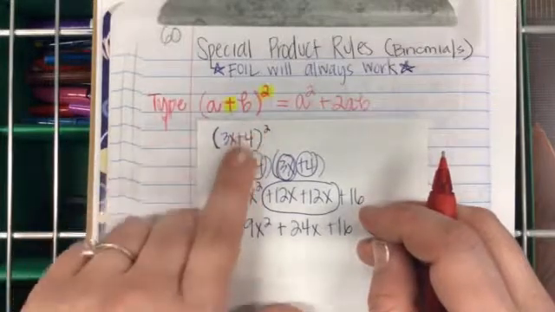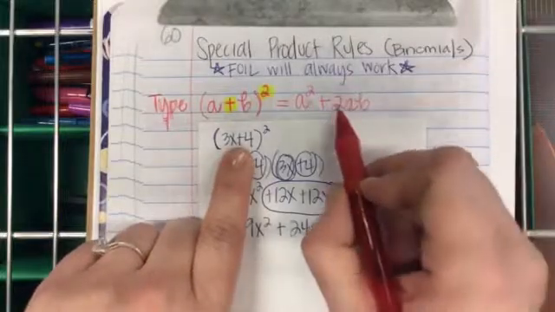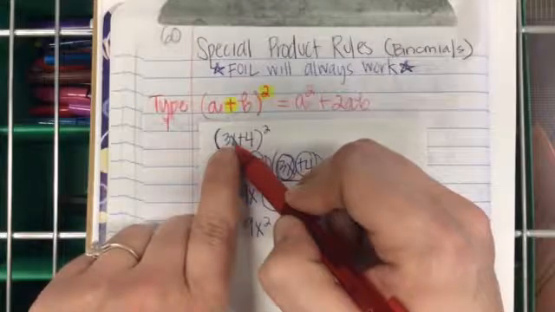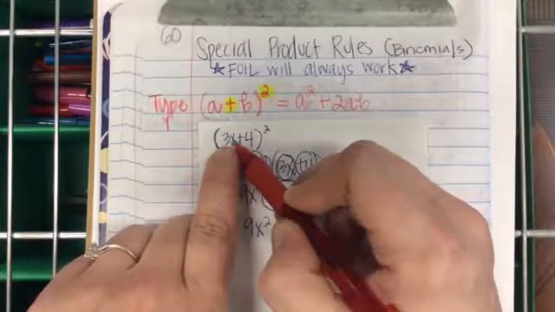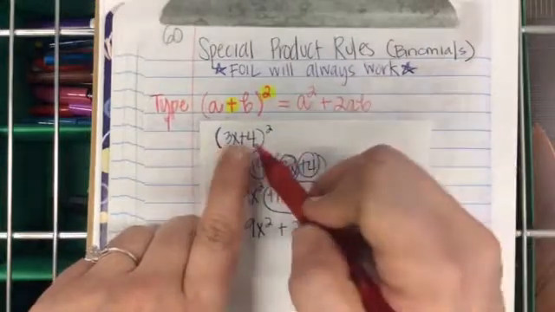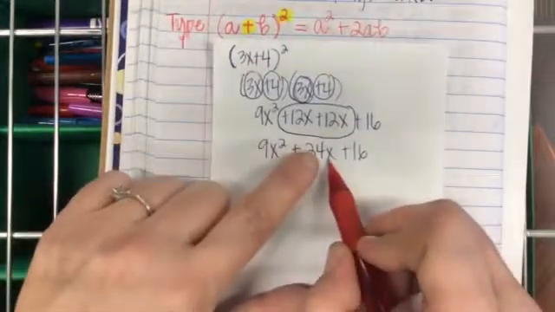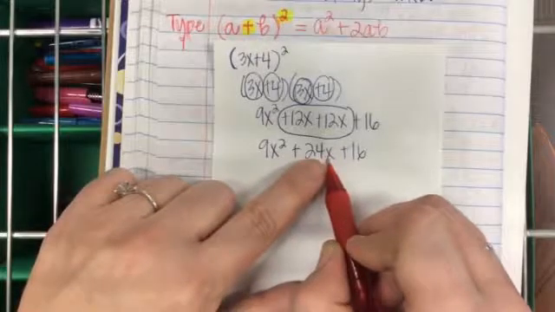So let's look at this example. The number 2 times 3x is what? 6x times b, which is 4. 6x times 4 is 24x.